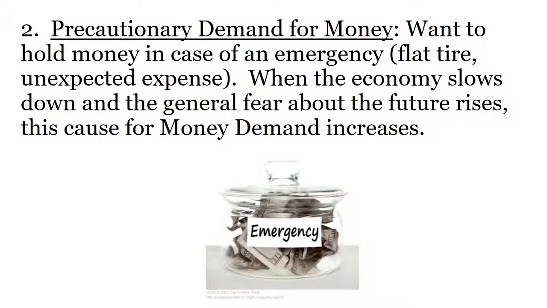The second reason people might want to have some cash in their possession is the precautionary demand for money. And that's really all about emergencies. A lot of times people like having some money for a rainy day. So that emergency could be a flat tire, could be some sort of unexpected expense. A lot of times people have some cash in the house in case there's some sort of natural disaster or power outage.